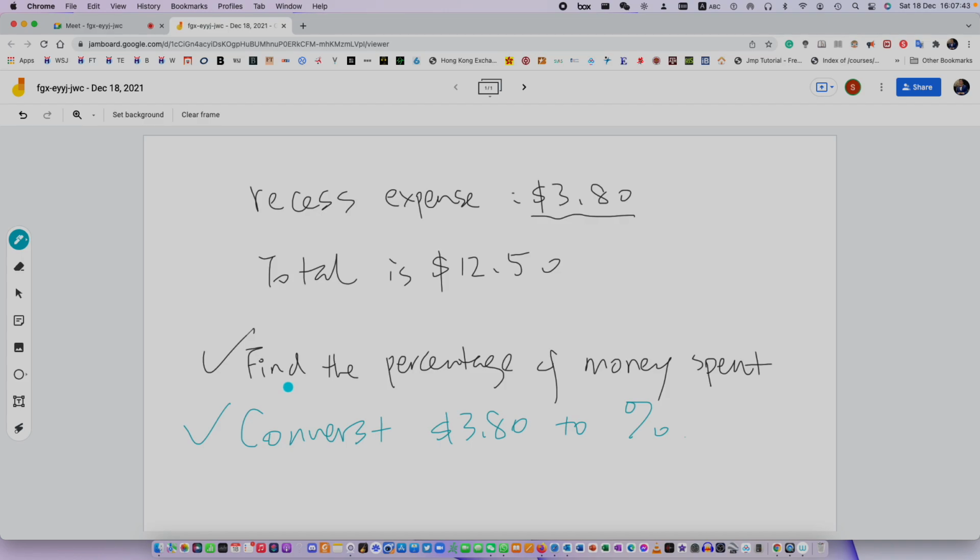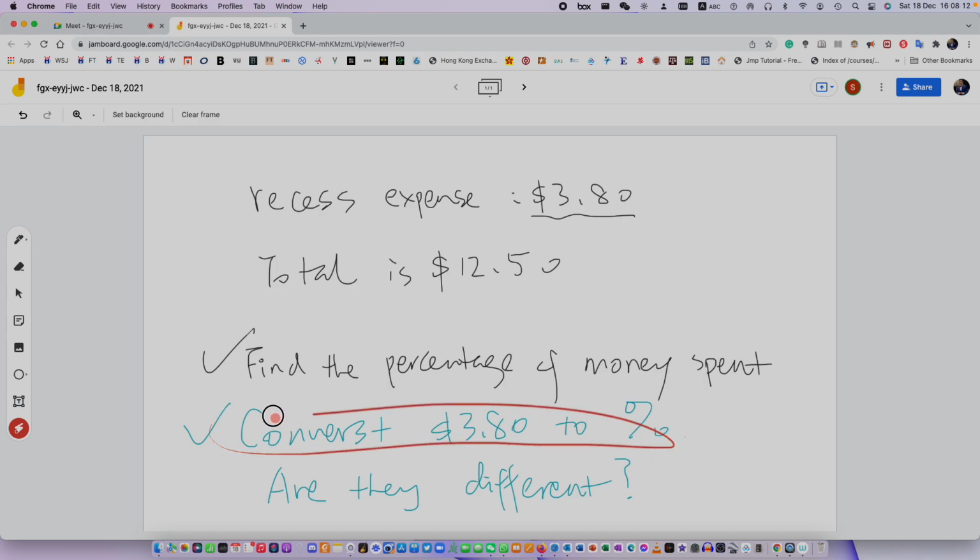Are they different? Are these two different? No. For the second one, it is just conversion.